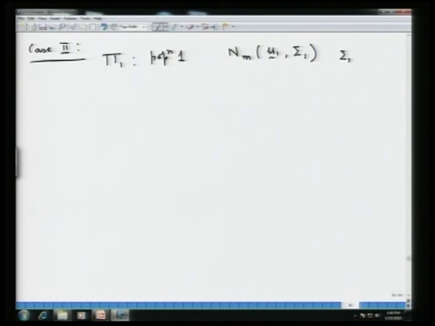Sigma 1 is assumed to be positive definite, and pi 2, the second population, is also a multivariate normal population with mean vector mu 2 and covariance matrix sigma 2, where sigma 2 is also assumed to be positive definite. So, suppose we have this particular setup.